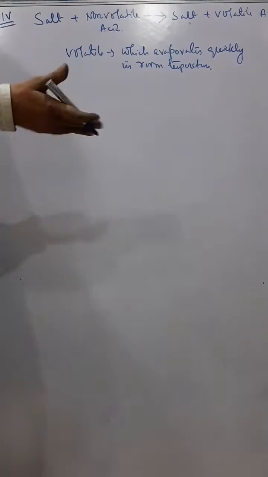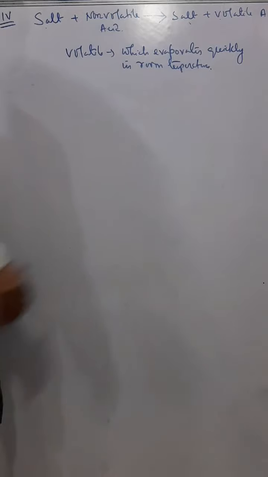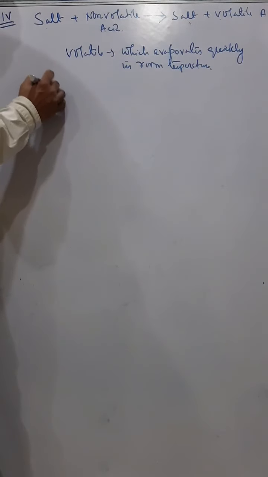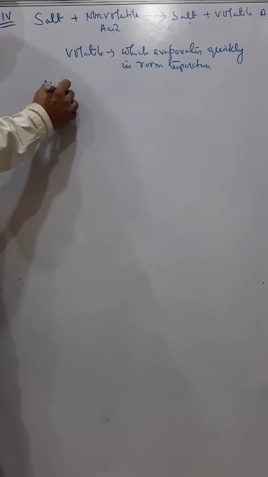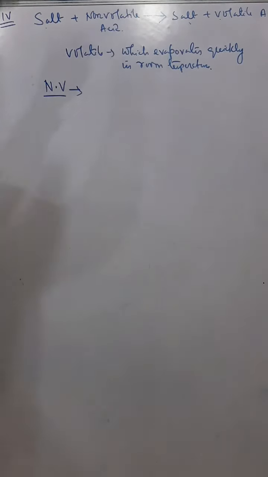There are a lot of other liquids also, like petrol, spirit, perfume, all these are volatile because they evaporate quickly. Like this, non-volatile means which does not evaporate quickly as volatile acids.